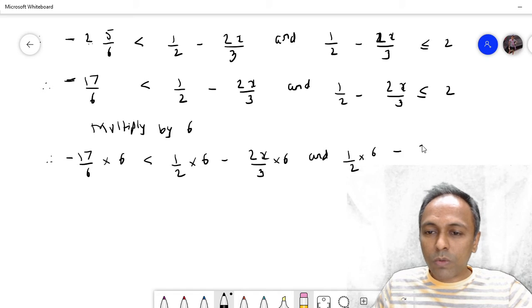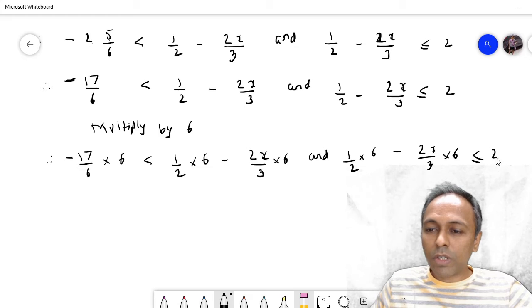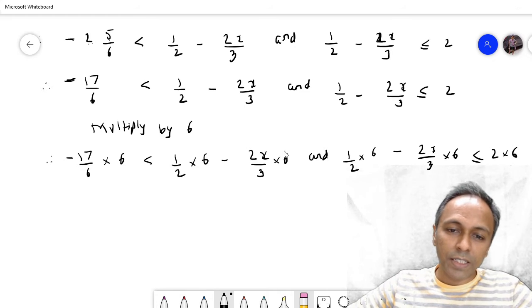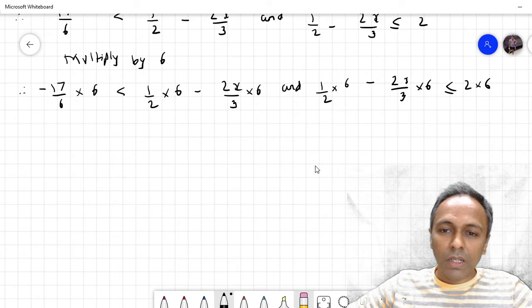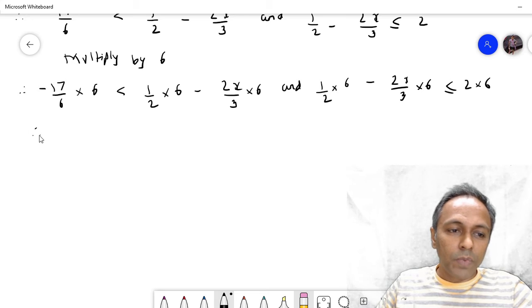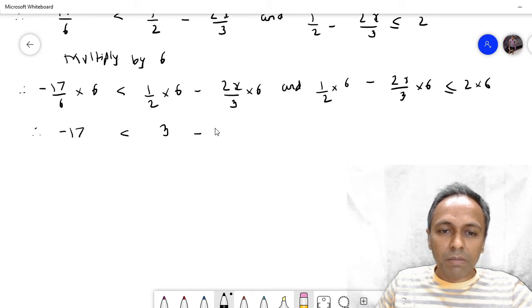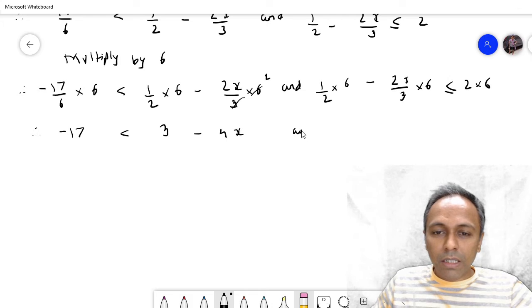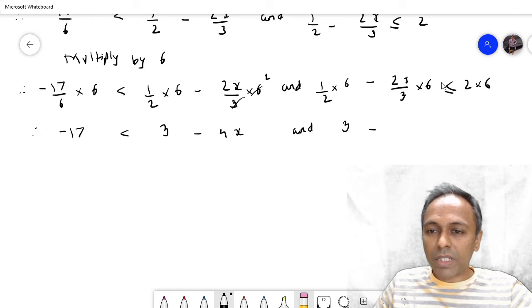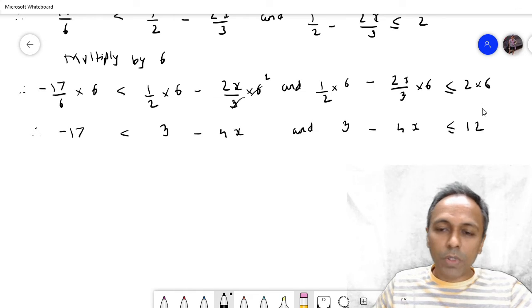So 1 upon 2 into 6 minus 2x upon 3 into 6 is less than or equal to 2 into 6. Therefore, we get minus 17 is less than 3 minus 4x, and half of 6 will become 3 minus 4x less than or equal to 12.